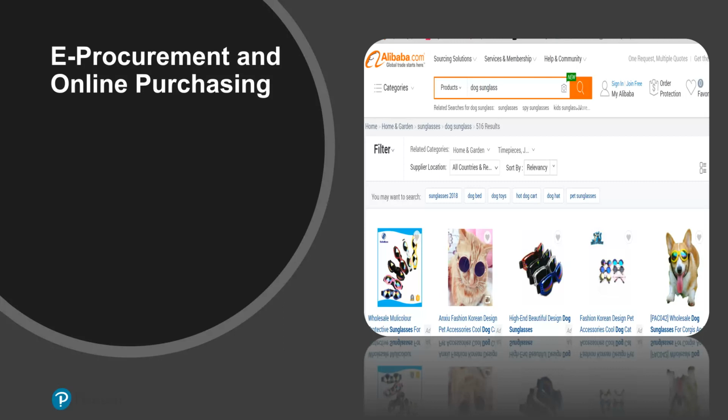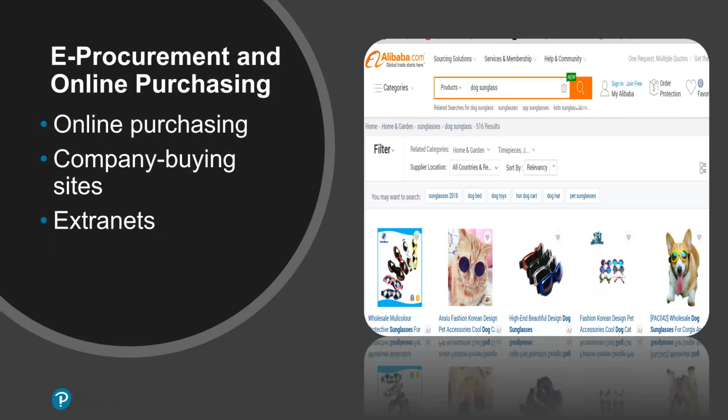What it's done is that it allows small companies like Pooches in Paradise to purchase online, compare buying sites, and use extranets. So everyone has the right to either be a supplier and purchase and sell from wherever they are around the world. And then business consumers can purchase from around the world as well.